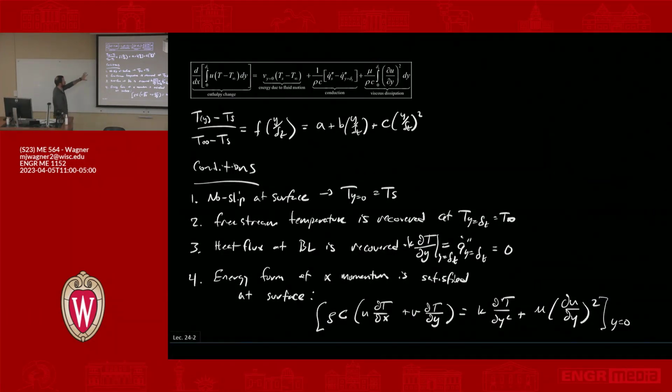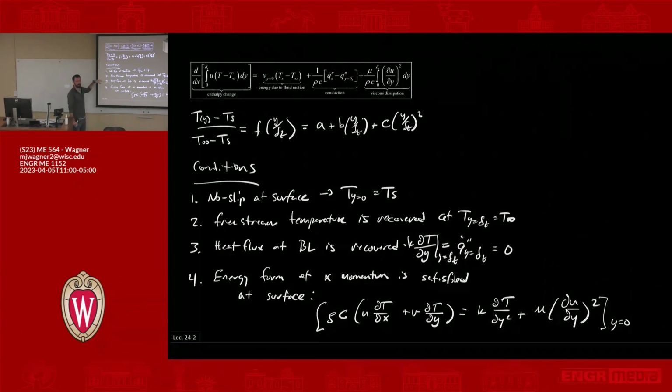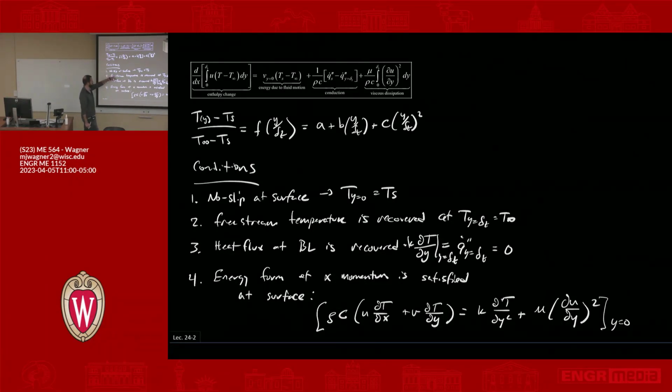Again, like we have our three coefficients, what we can do is go through and pick some of these in no particular order. We'll pick the first three and enforce them. So no slip, that is T is defined at the surface, T is defined at the edge, and then no heat flux at the edge. If we do that, it follows exactly the same steps as we did before for the velocity, so we won't repeat it.